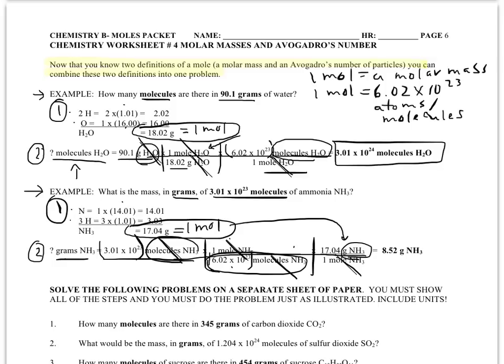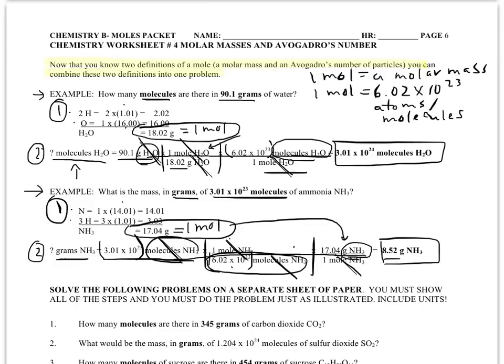And if you calculate this all correctly, you should get 8.52 grams of ammonia. So if you get 8.52 times 10 to the 47th or times 10 to the 48th, apparently we still have not resolved how to enter scientific notation in your calculator. That's not okay. You need to make sure your answer is just 8.52 grams.